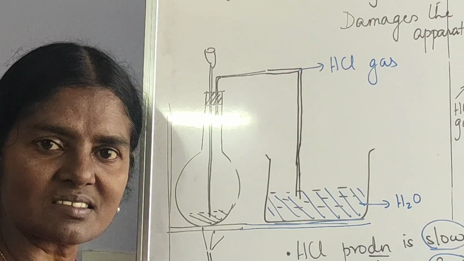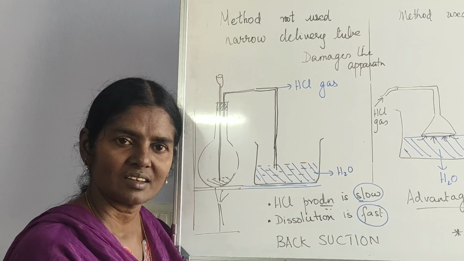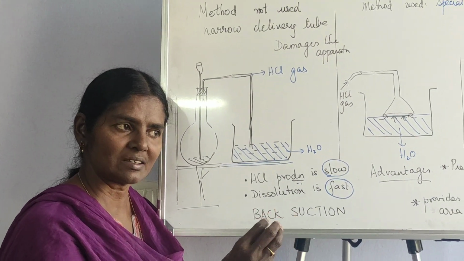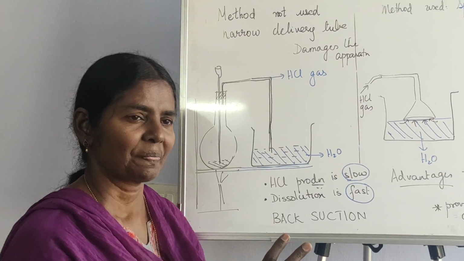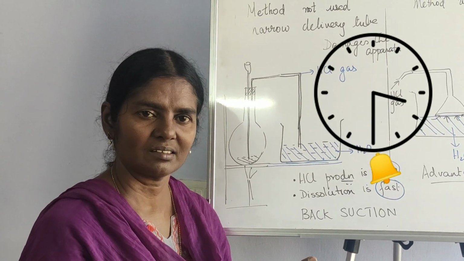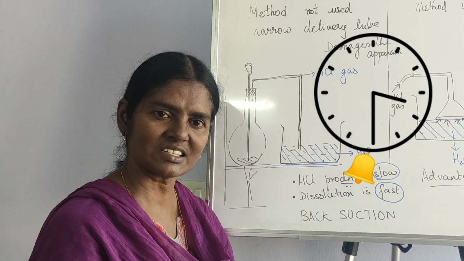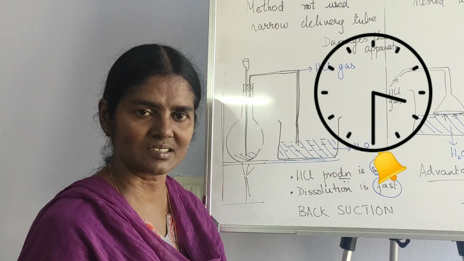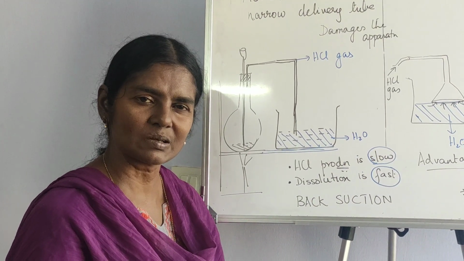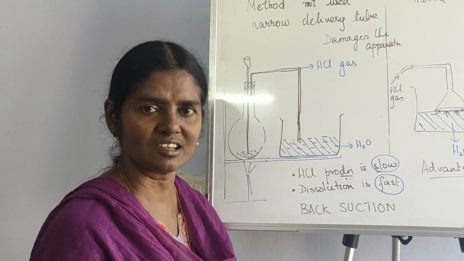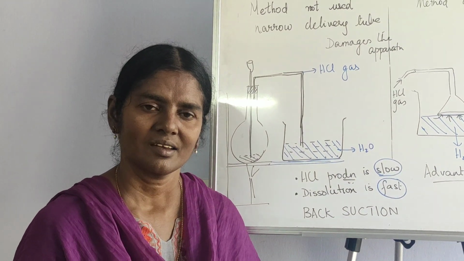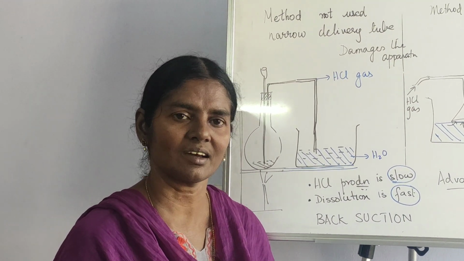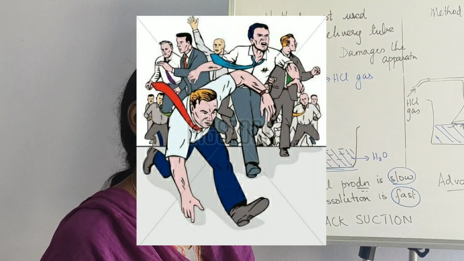Now this back suction can be explained by a simple example. Say the bell rings at 3:30 and the children just rush out through a small gate. Imagine the whole school rushing out through the small gate, and that results in utter chaos and confusion.